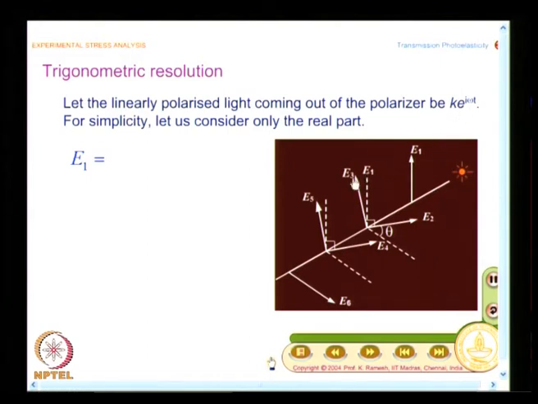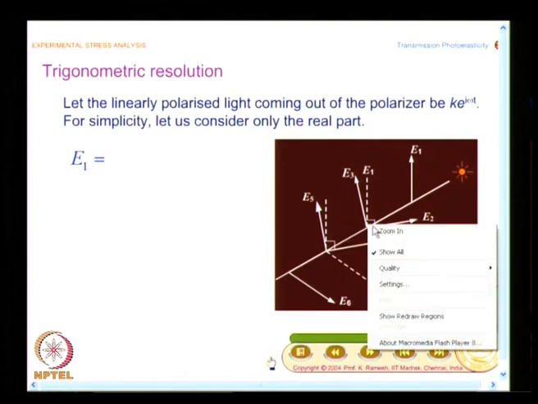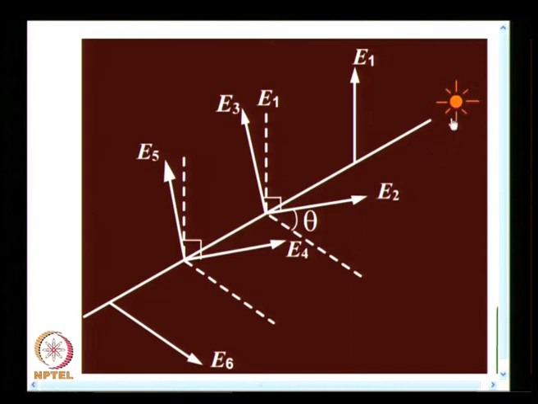Let us look at how we can label the axes when the light passes through the model, and we will also have a larger picture of it. I have a light source, and the first optical element is the polarizer, which is labeled as E1. Then you have the model, shown enlarged here: this is the point where light enters the model, and this is the point where light exits the model.